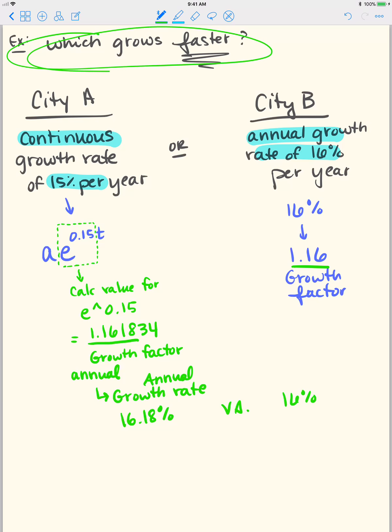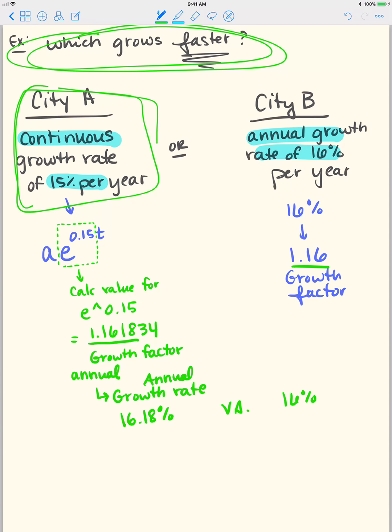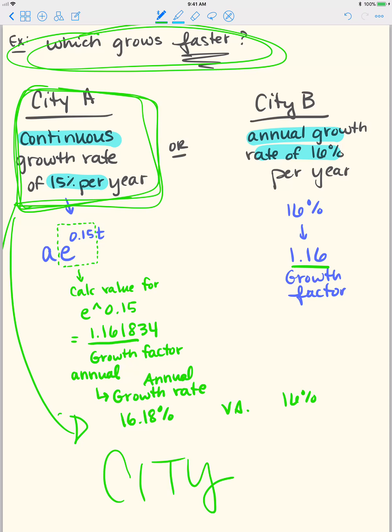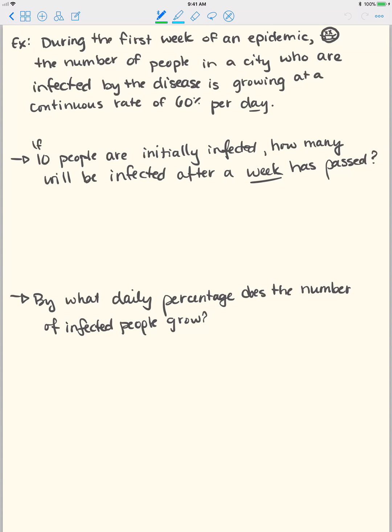So in the question of which city grows faster, we're going to have to go with city A, even though it's a lower percentage rate, because it's continuous, it's growing faster than city B. So again, this is just comparing a continuous growth rate to an annual growth rate, and the continuous growth rate, especially if the numbers are the same, grows faster because it's growing continuously that entire year. Every minute, every second, every fraction of the second, it's growing. So it grows a little bit faster than regular growth rate.